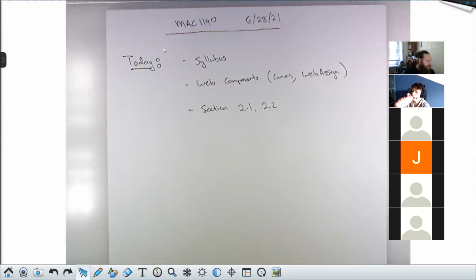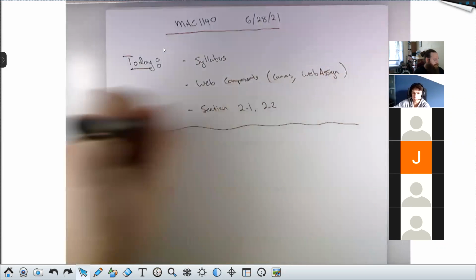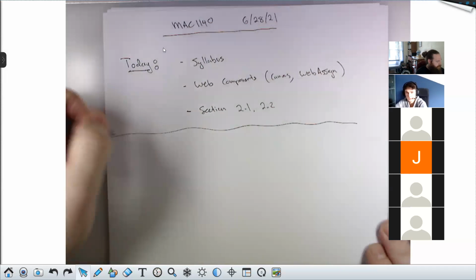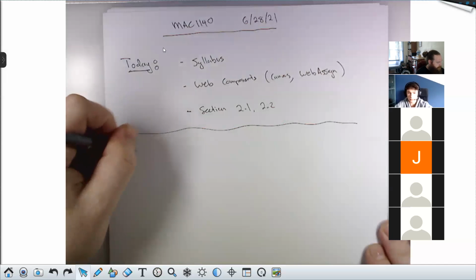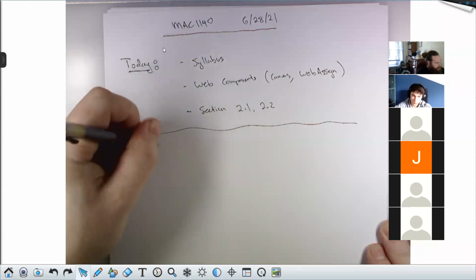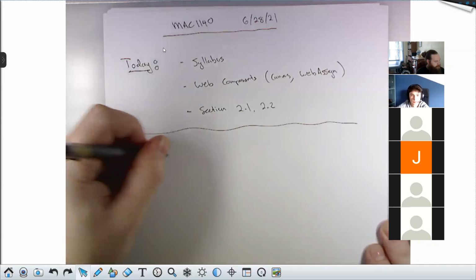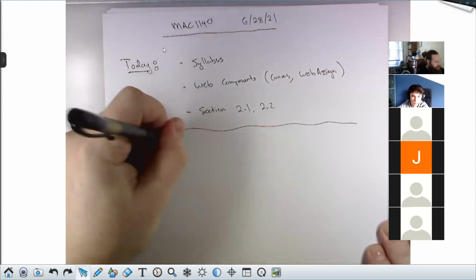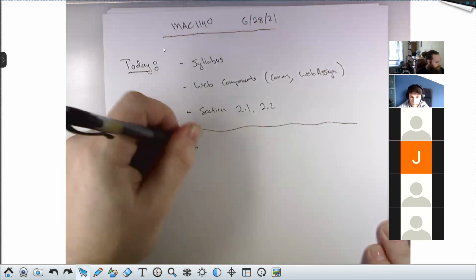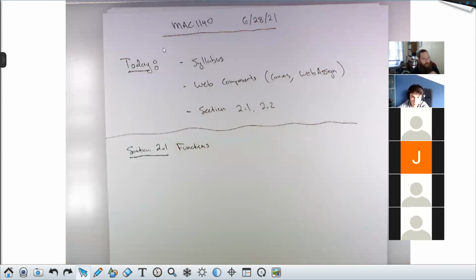So I'm going to move pretty quickly through 2.1, but let's go ahead and do it just to make sure we all have this common background. As a general rule, anything you see me writing on the dot cam is something you should write in your notes.